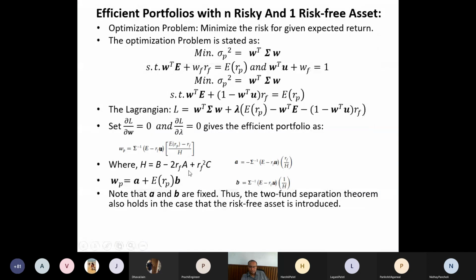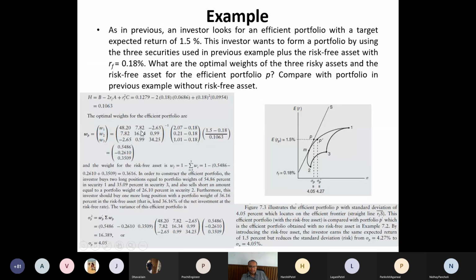Once H is known, you can find A and B, because sigma, E, and U are already known, and RF is known. So H is calculated, you can find A and B, and you can find the equation between WP and ERP. ERP is given, so you can find WP, the weights of my three risky securities, and you will be surprised that one weight comes out negative.